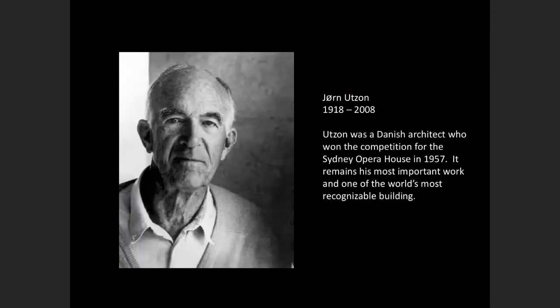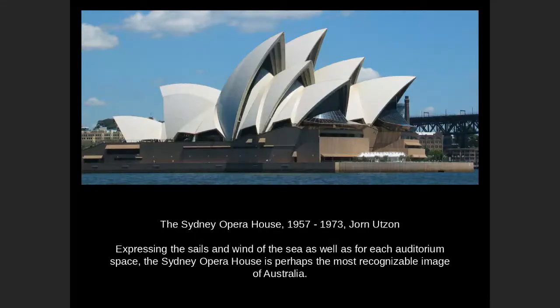Okay, another architect, real briefly, is Jorn Utzon. Utzon is a Danish architect, and he's most famous for probably one of the most identifiable expressionist buildings, the Sydney Opera House here. And this is both expressionist, but it's also regional, right? These look like sails in Sydney Harbor.